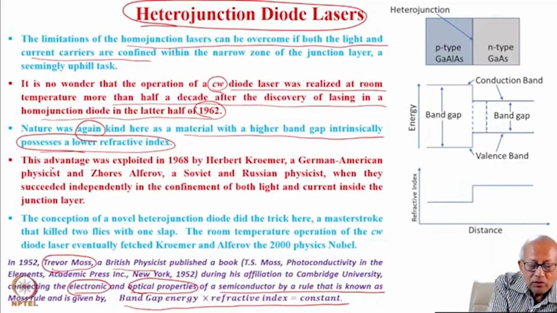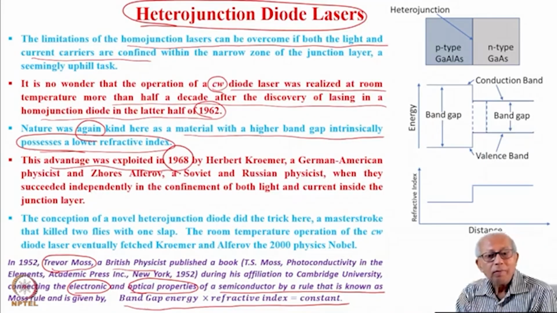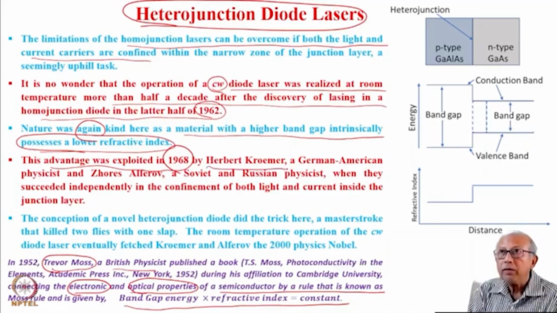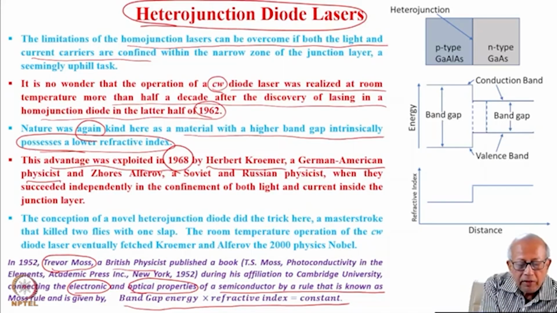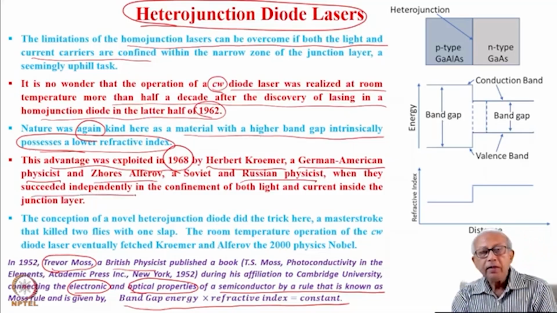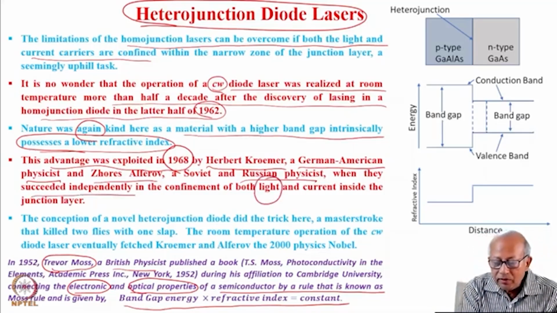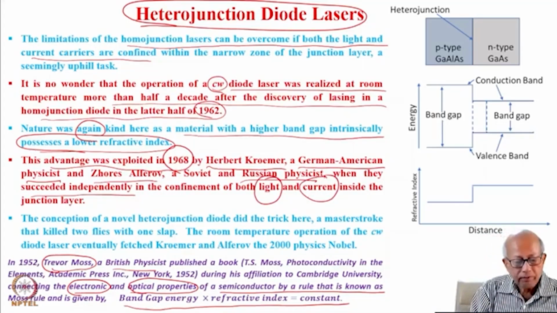This advantage was exploited for the first time in 1968 by Herbert Kroemer, a German-American physicist, and Zhores Alferov, a Soviet and Russian physicist, when they succeeded independently in the confinement of both light and current inside the junction. That means light and the charge carriers inside the junction.